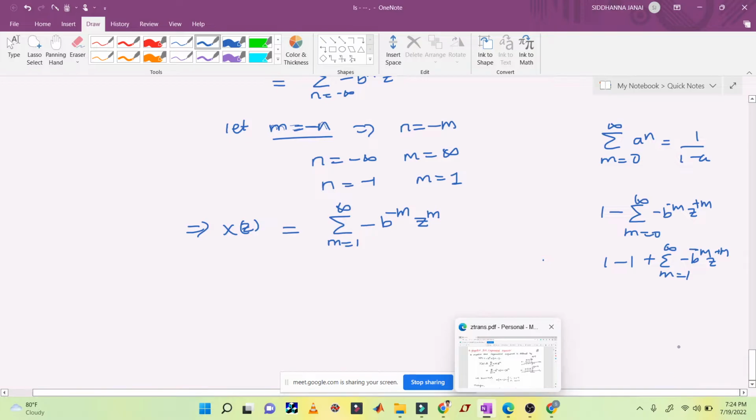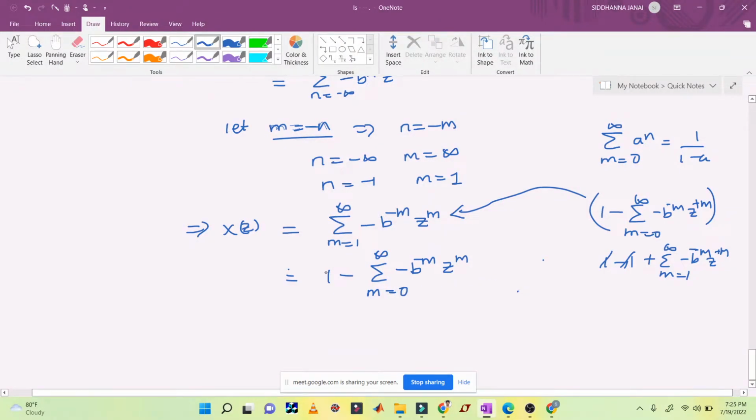Okay, so this 1 and 1 will cancel out. So this equation is the same as this equation. That's why I will write it as 1 minus summation m is equal to 0 to infinity of minus b to the power minus m z to the power m.